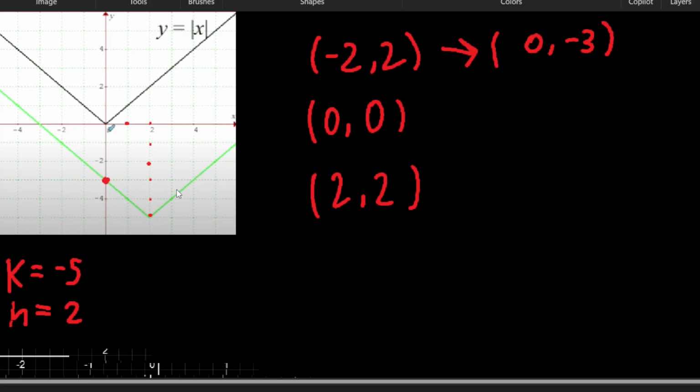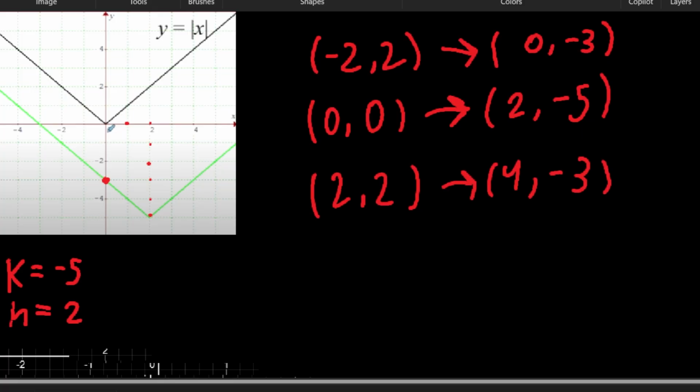Okay, it tracks: x plus h, y plus k. The x value here is 0, 0 plus h would be 2, and the k value is negative 5, so 0 plus negative 5 is minus 5, and that's your new vertex, (2, -5). We did it. So that's the completed table.